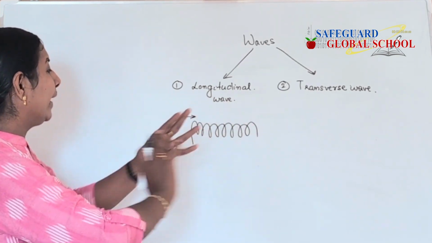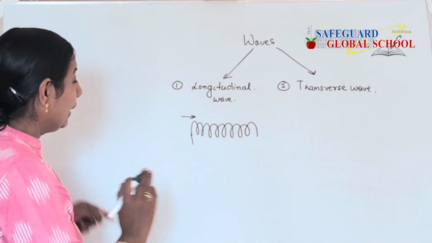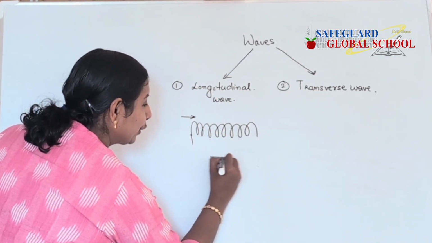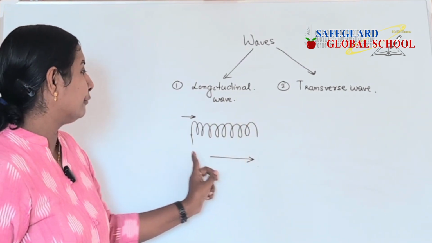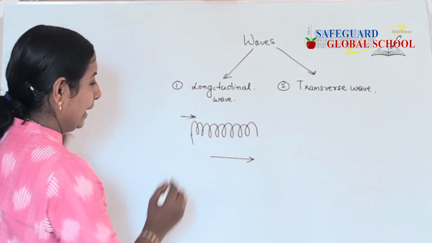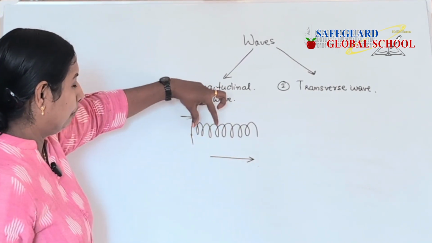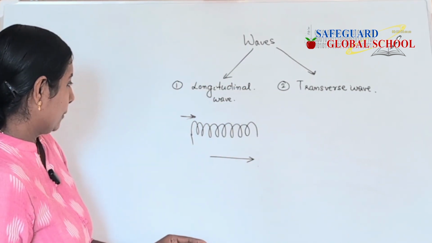We can see a wave transferring from one end of the slinky to the other. Here, the wave direction is from left to right when we give a horizontal jerk to the slinky. In some cases, the slinky will come closer. In other regions, the slinky will go farther like that.